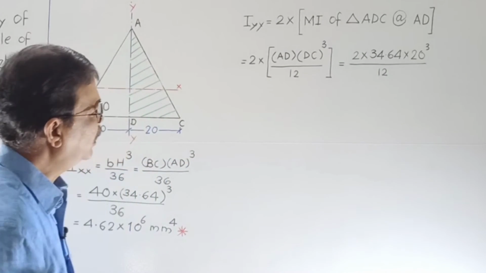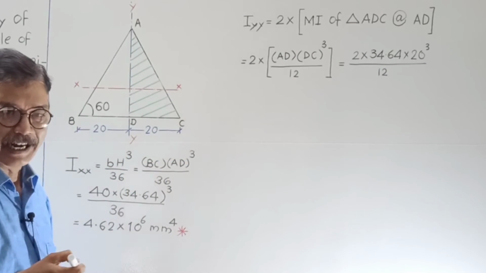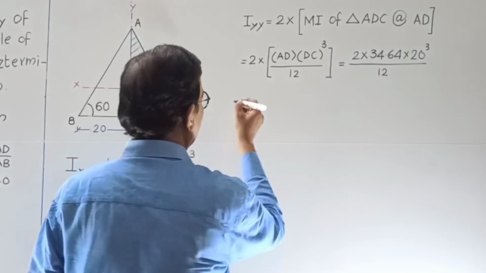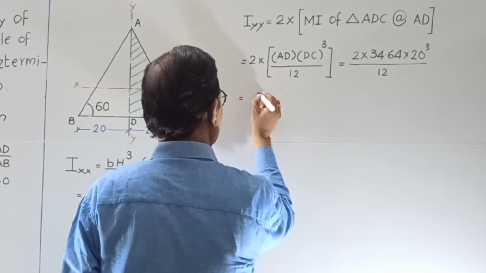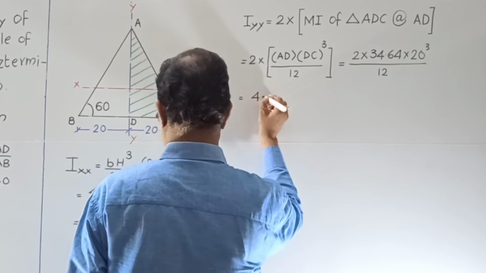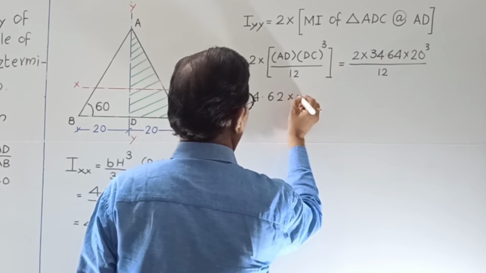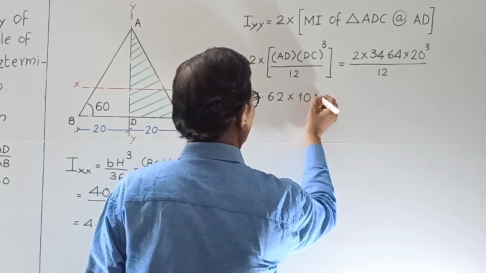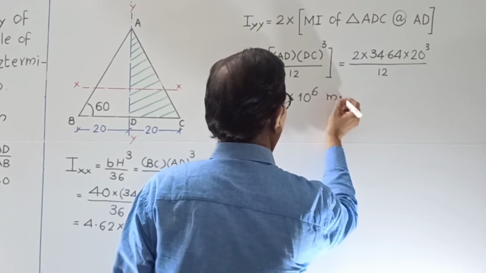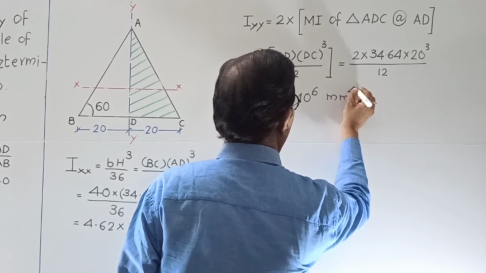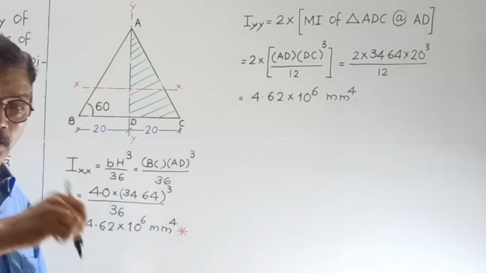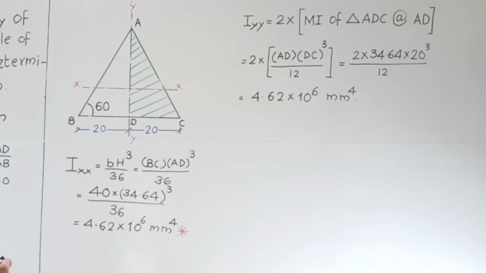If you calculate it, you will find that this value comes out to be 4.62 into 10 raised to 6 mm raised to 4. Okay, so this is Iyy.